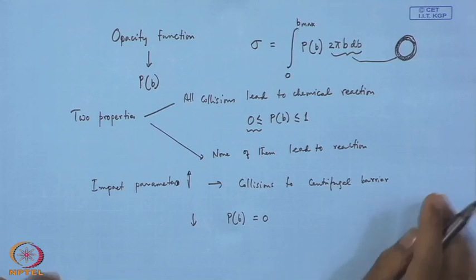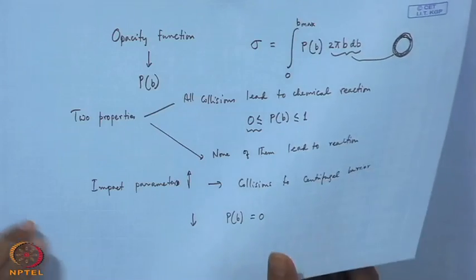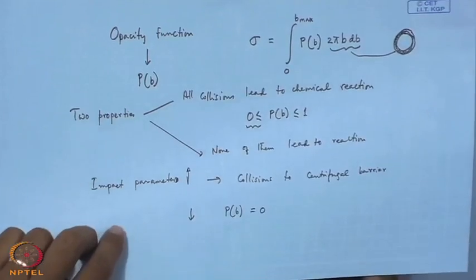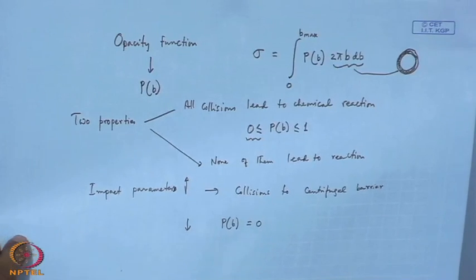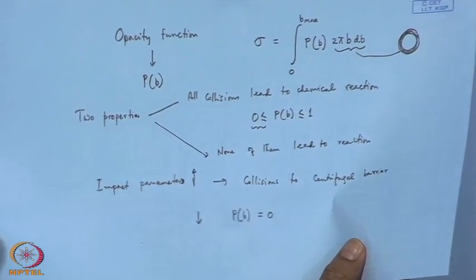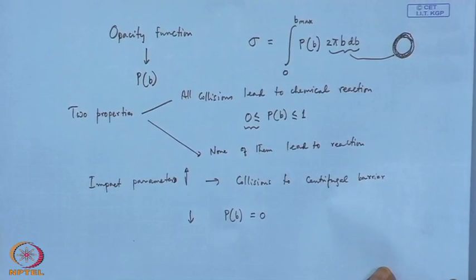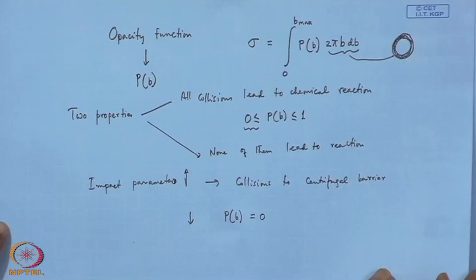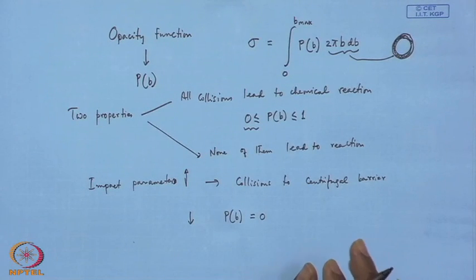That corresponds to a high value of b. So, in terms of the opacity function P(b), what can we write? If the impact parameter b is high, that is a measure of closeness.